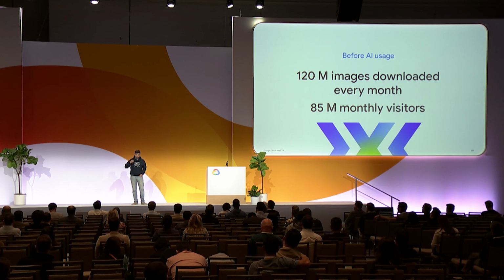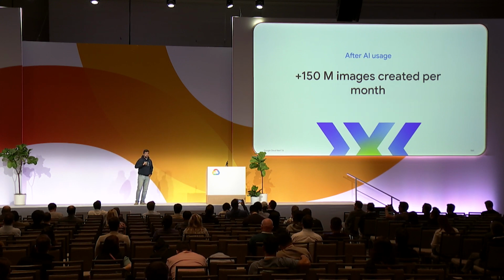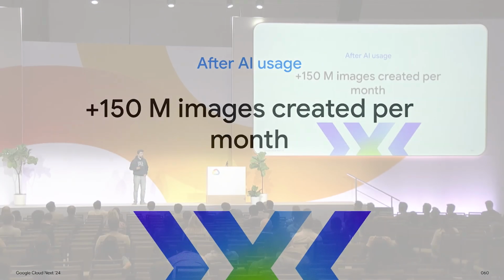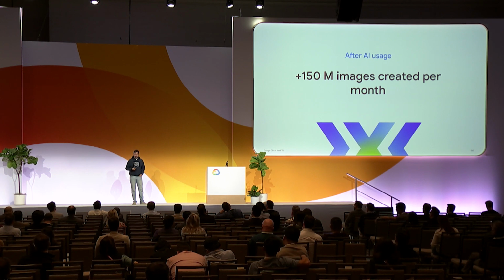The thing that changed is that on top of it, people are now creating 150 million new images every month. Okay, so it's been purely additive, and I will again encourage you in your companies to adopt AI because I think it will make your customers happy and it will allow you to offer them new services.